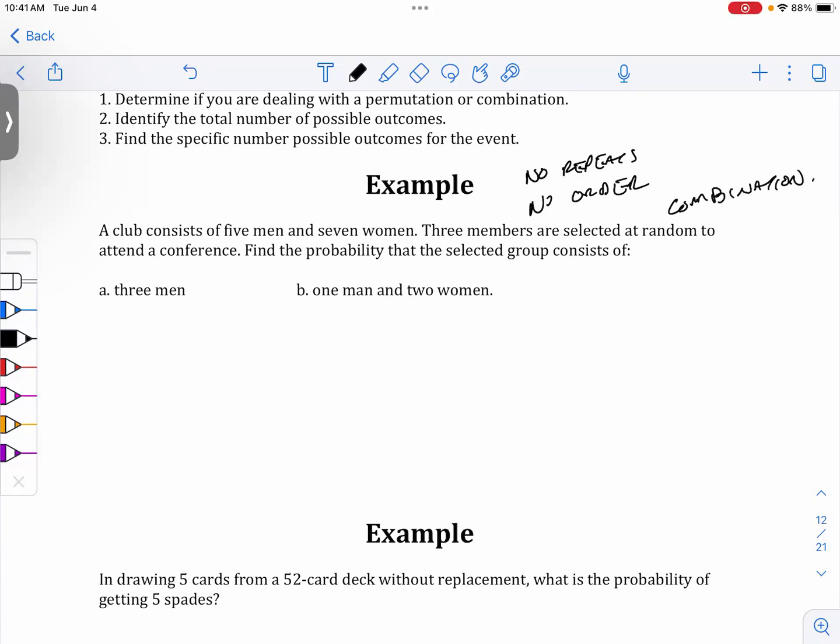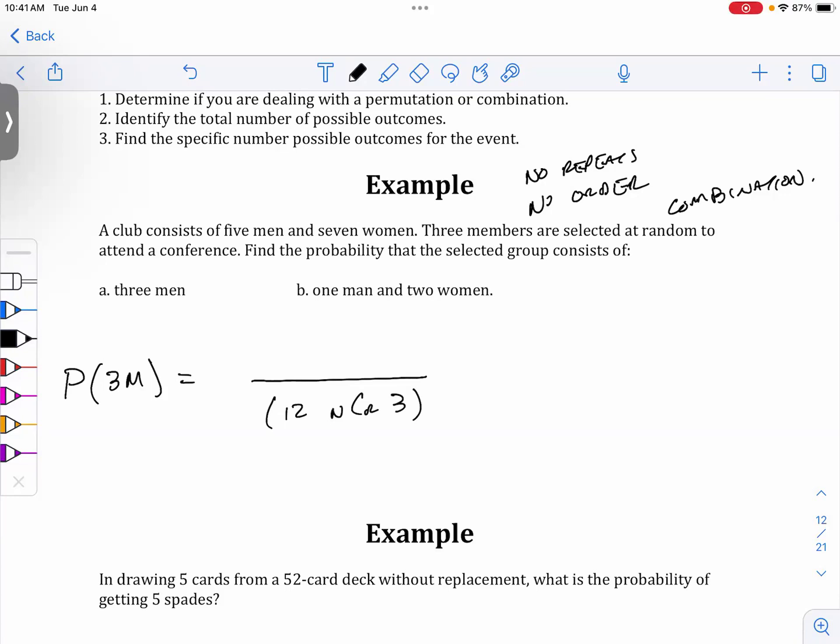So with a combination, in order to find the probability, 3 men. Okay, so let's do the denominator first because that's going to be simpler. We are selecting 3 people from a total group of 12 people. That means in the denominator, I have 12 NCR 3.